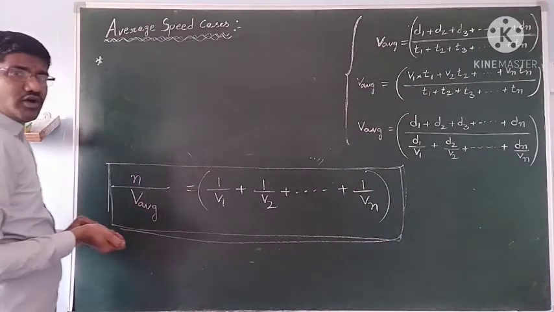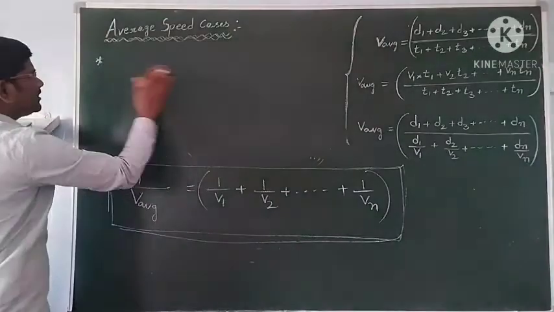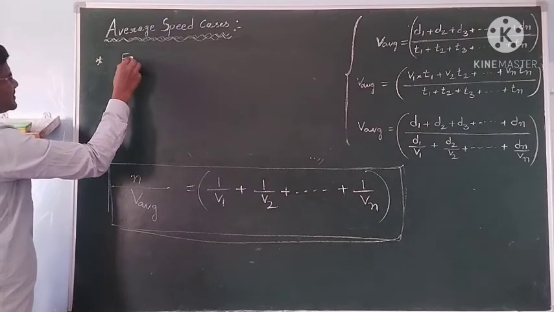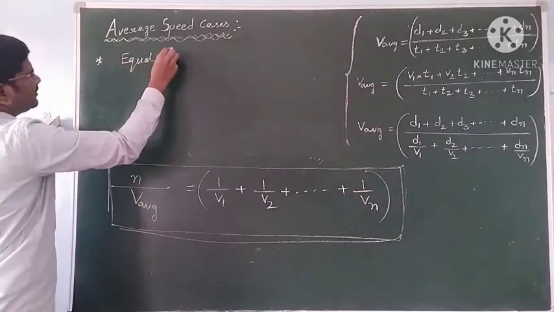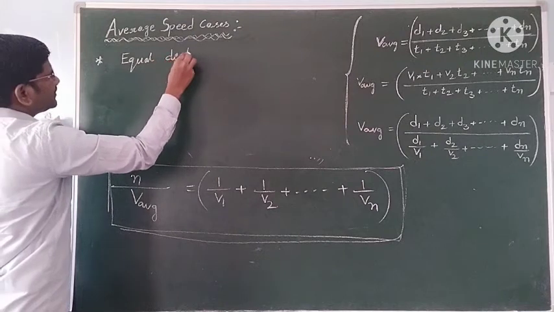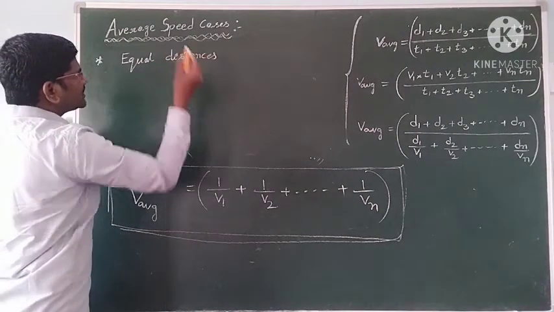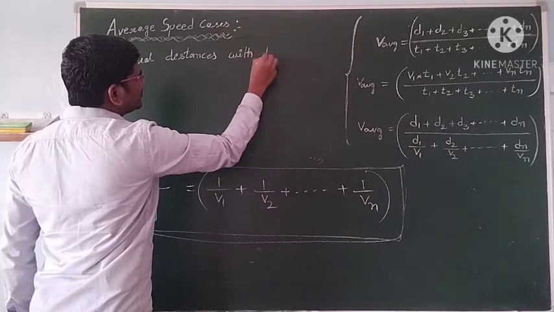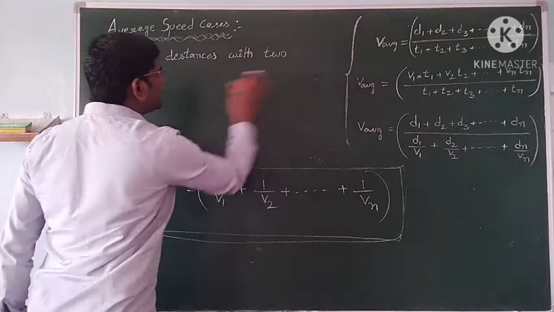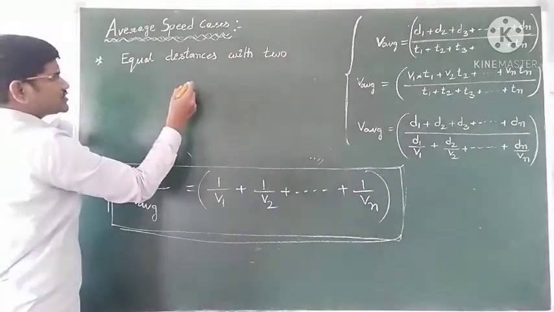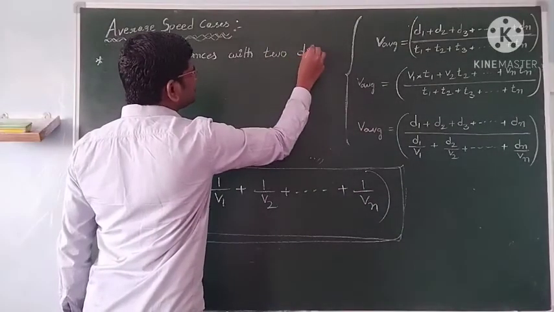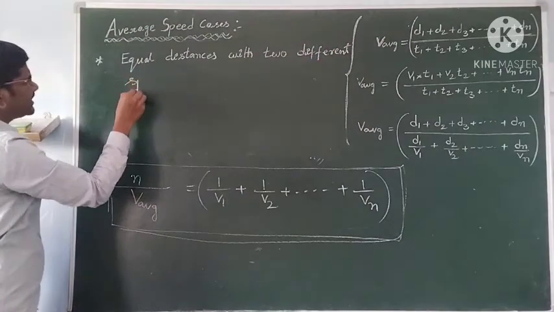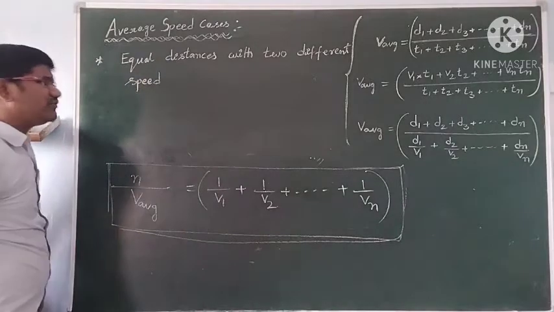It is covering equal distances only, equal distances with two different speeds.